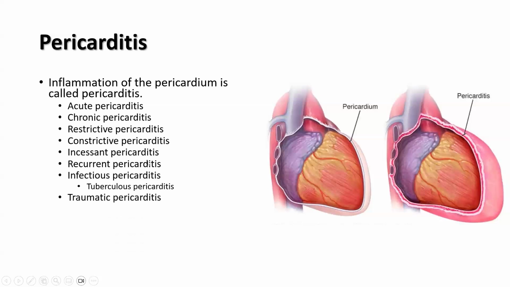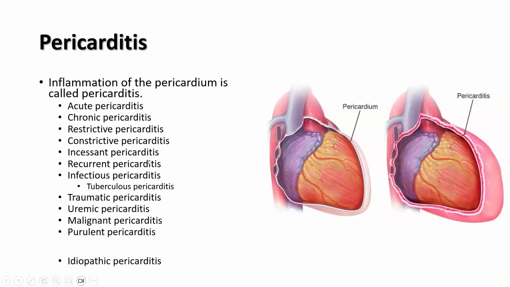Then traumatic pericarditis, uremic pericarditis, malignant pericarditis, purulent pericarditis, and finally, if there is no cause of pericarditis, but pericarditis is there, then it is called idiopathic pericarditis.